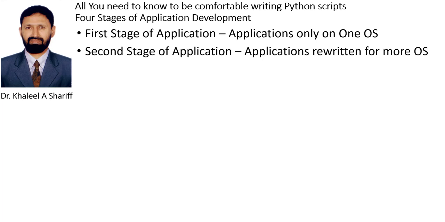The team had the functional knowledge. The same team was trained for other operating systems, and we had the same application running on multiple operating systems. That was the second stage of application development.